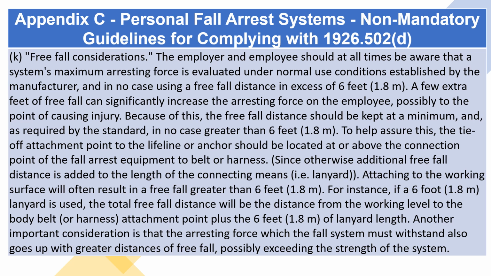For instance, if a 6-foot, 1.8 m lanyard is used, the total free fall distance will be the distance from the working level to the body belt or harness attachment point plus the 6 feet, 1.8 meters of lanyard length. Another important consideration is that the arresting force which the fall system must withstand also goes up with greater distances of free fall, possibly exceeding the strength of the system.